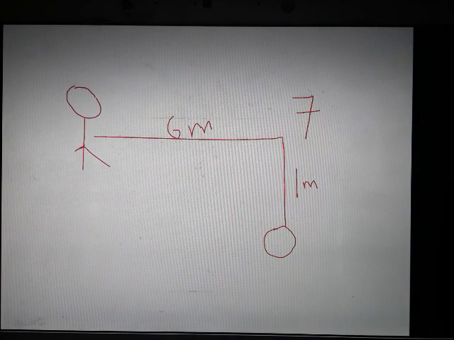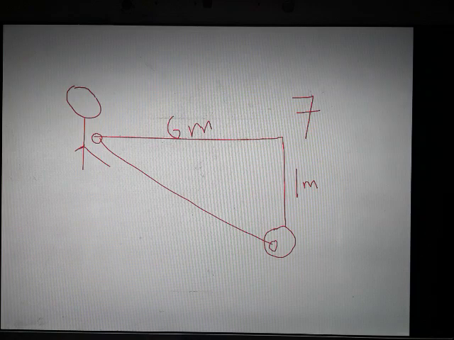But there is one more way by which this boy can go: a straight line path, from this point straight to this. And this path, if you find it using the Pythagoras theorem, is going to be 6 point something, less than this path.